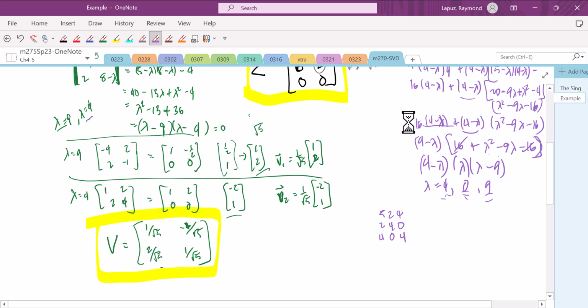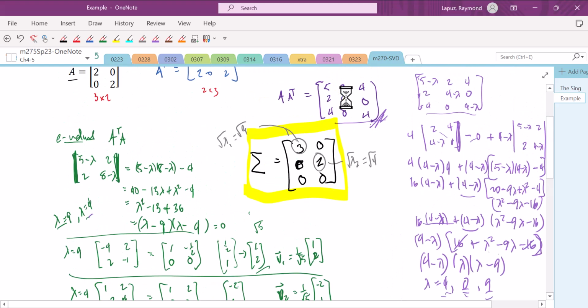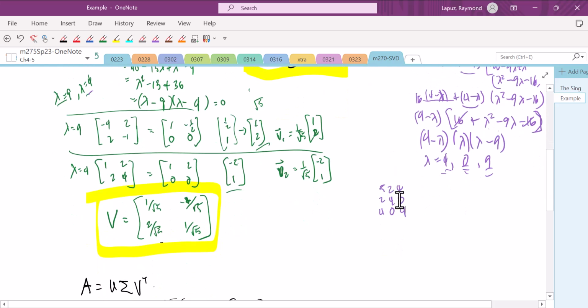Is that correct? Yep, that looks good. Let's put it aside over here. All right, so let's find the eigenvectors for that.